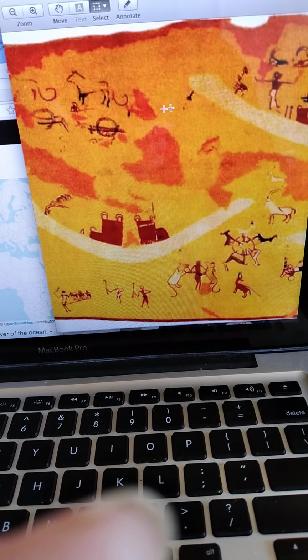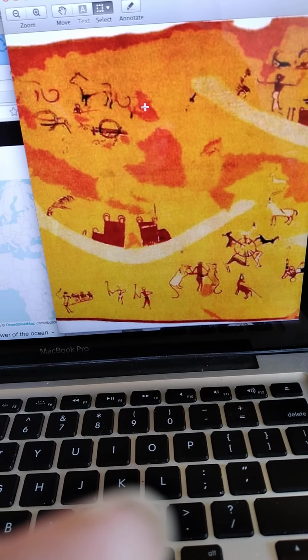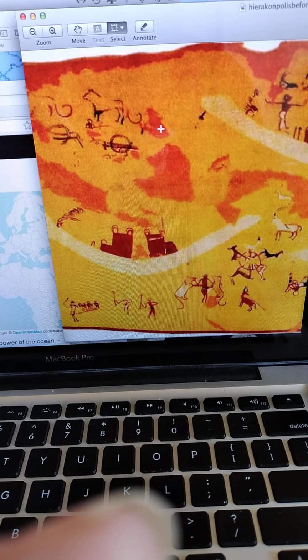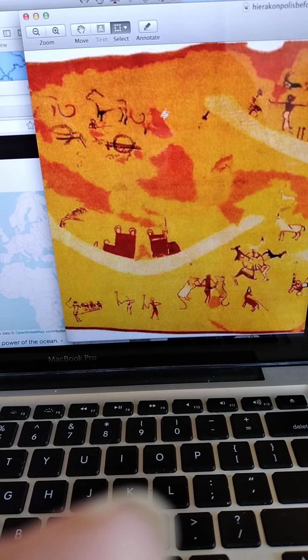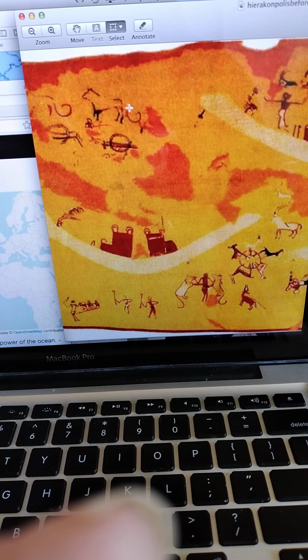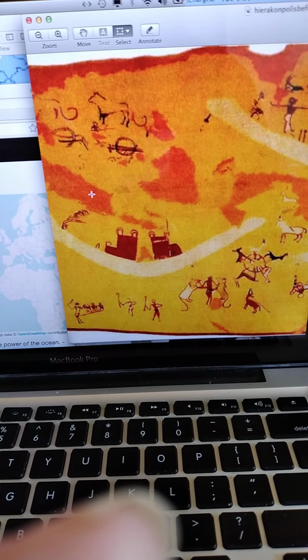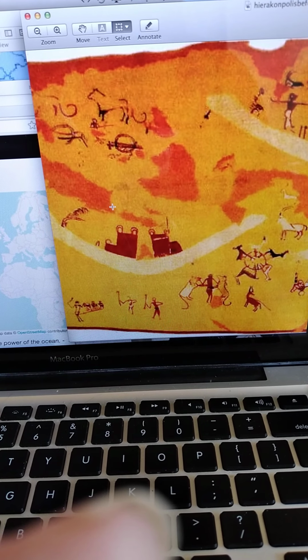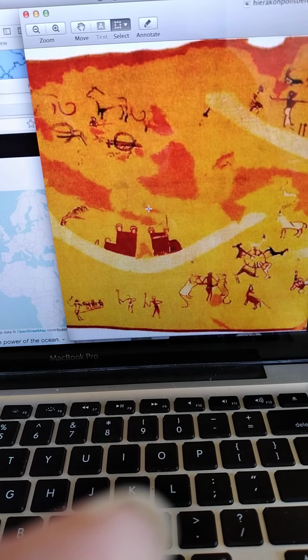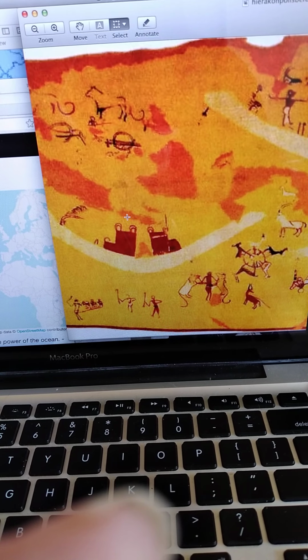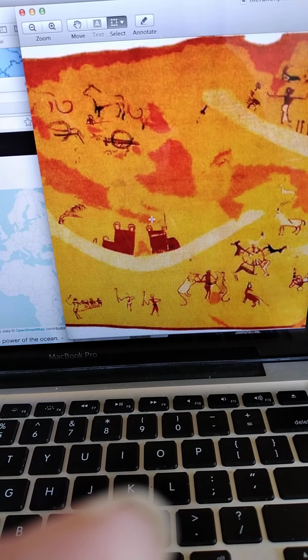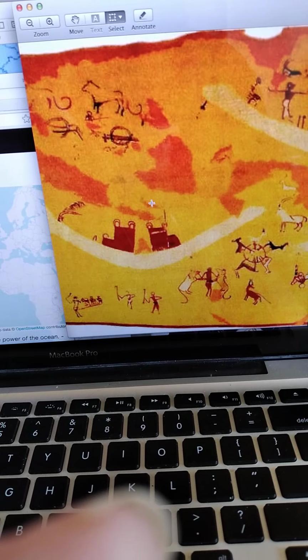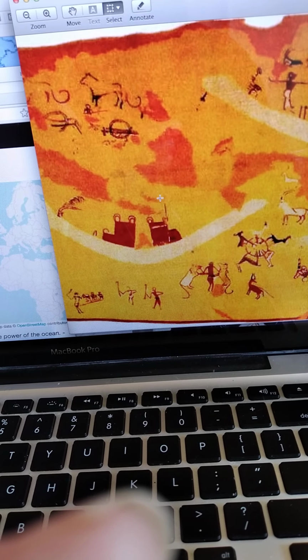It could be any number of islands, but this one is Greenland. This one might be Iceland, and then this one is probably Newfoundland.